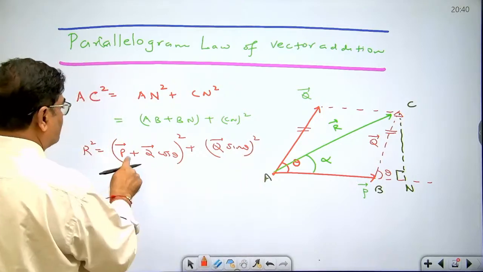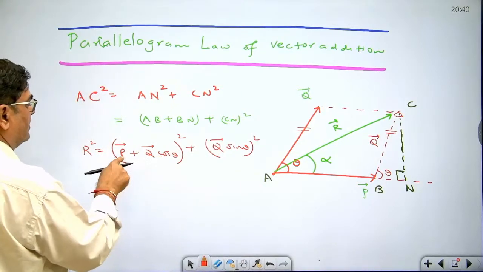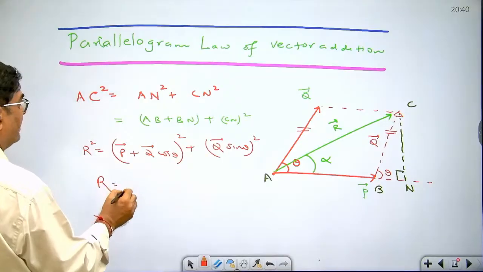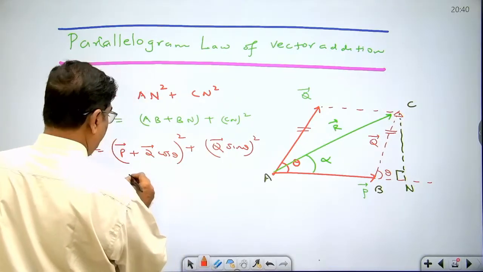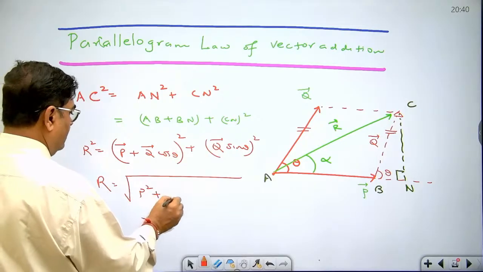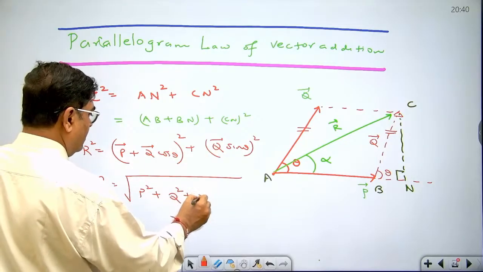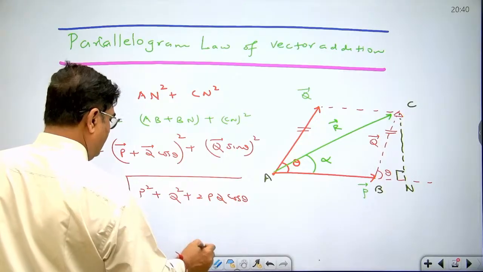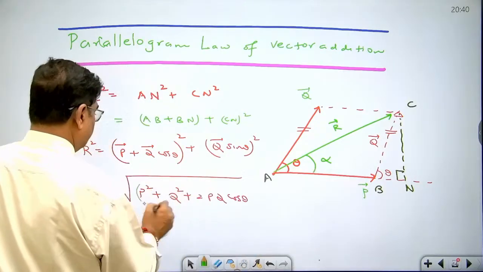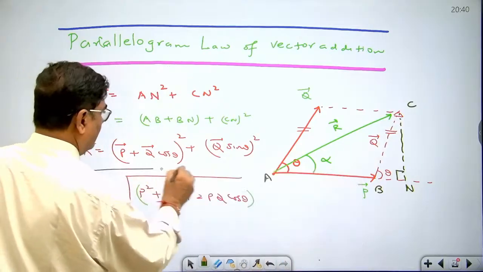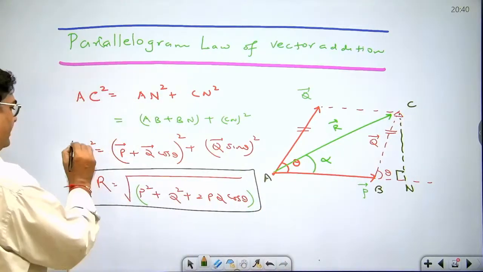This will become P square plus Q square cos square theta plus 2PQ cos theta plus Q square sin square theta, and finally we will get R equal to under root of P square plus Q square plus 2PQ cos theta. This is the final equation of the resultant of vector P and vector Q.